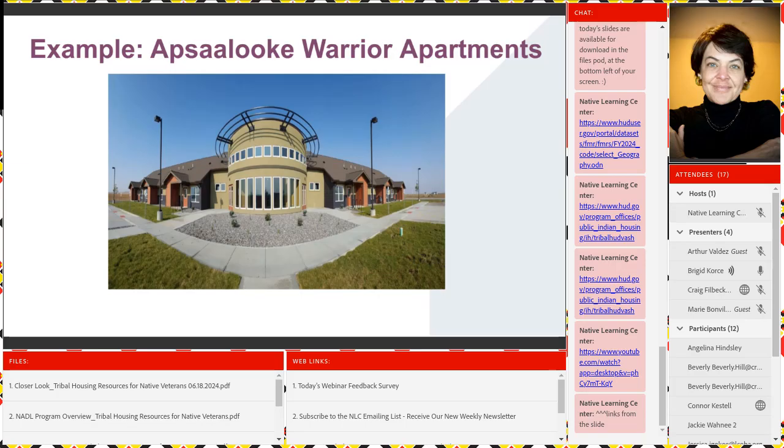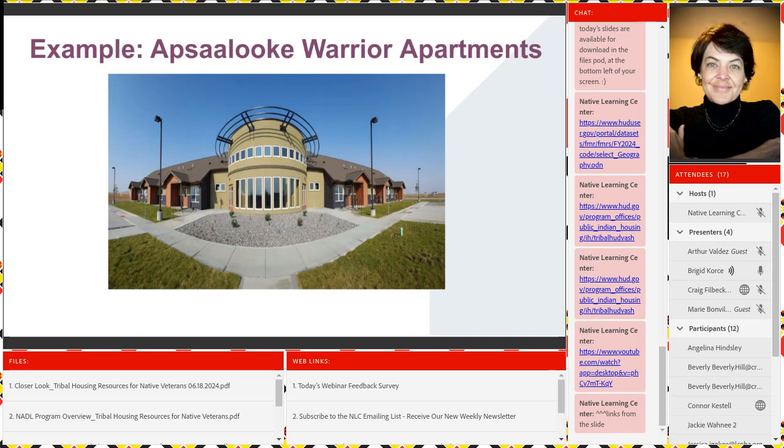And it was disappointing for them initially because they were not one of the invited tribes to apply. So they subsidized this project for a number of years, 5 or 6 years, until there was an expansion opportunity for the Tribal HUD-VASH program.